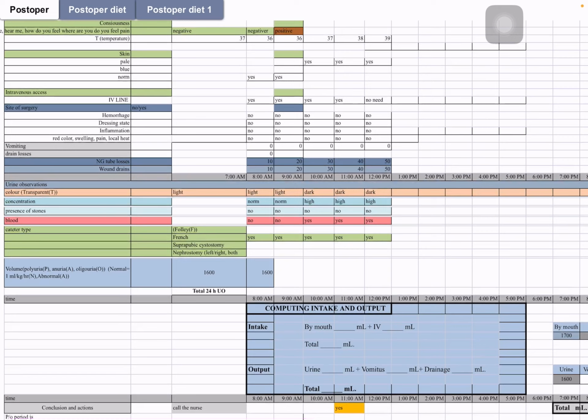And also you can check for drain losses. The next one you have to check is the NG tube and wound drains.